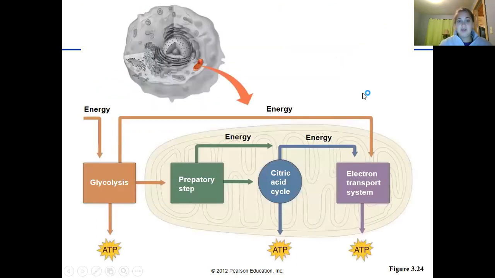Here are those steps broken down. And again, you need energy for glycolysis to happen, and you do get ATP as a result. It can also go over to that electron transport system, and ATP is a result of that as well.